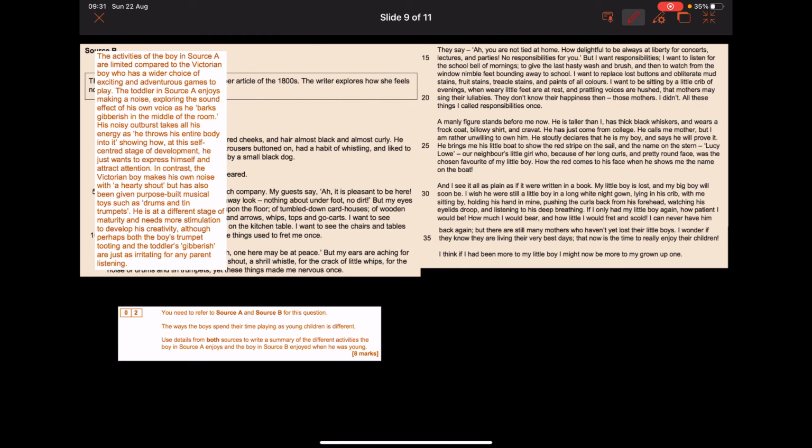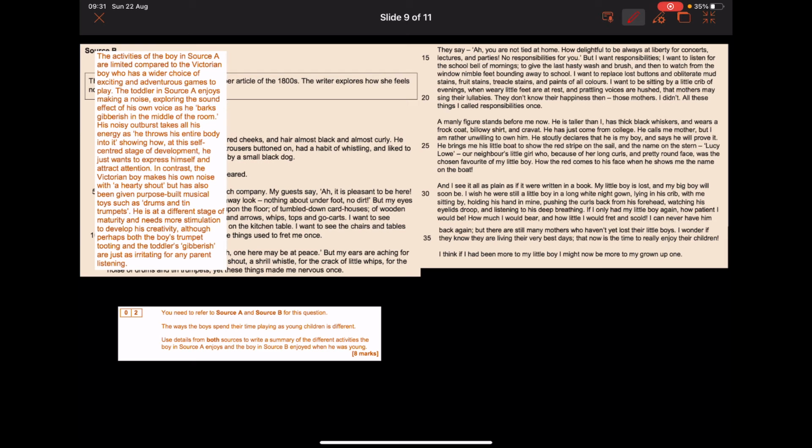In contrast, the Victorian boy makes his own noise with a hearty shout, but has also been given purpose-built musical toys such as drums and tin trumpets. He is at a different stage of maturity and needs more stimulation to develop his creativity. Although perhaps both the boy's trumpet tooting and the toddler's gibberish are just as irritating for any parent listening.